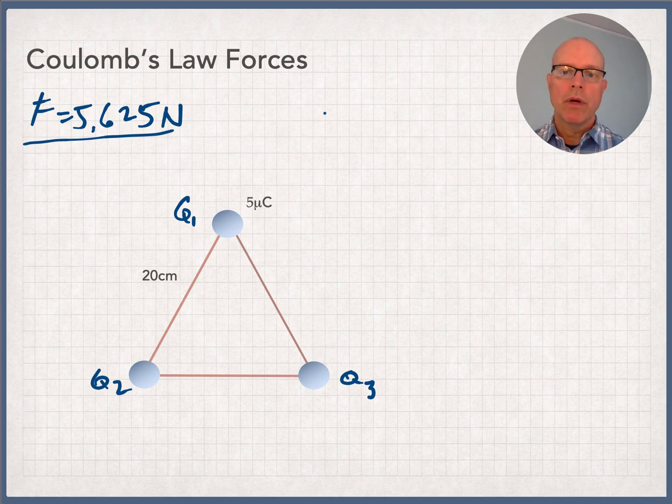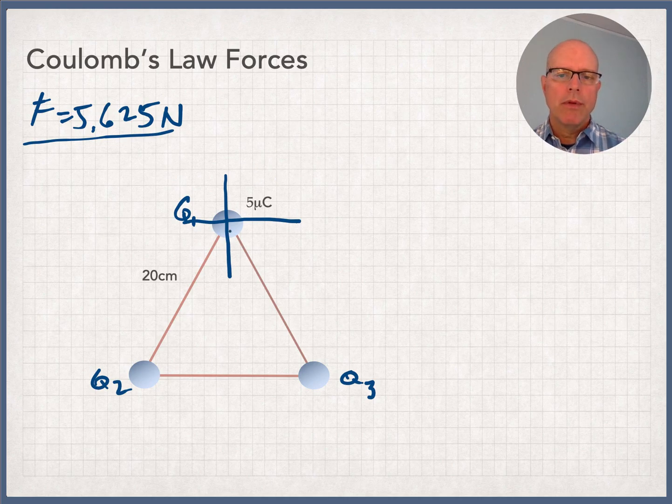And here's what we're going to want to do. It's really important to be organized more than anything in this type of problem. So let's go look at one charge at a time. So let's look at the forces acting on Q1. If I isolate on this guy, what I'm going to do is drop a coordinate system right in the middle of Q1.